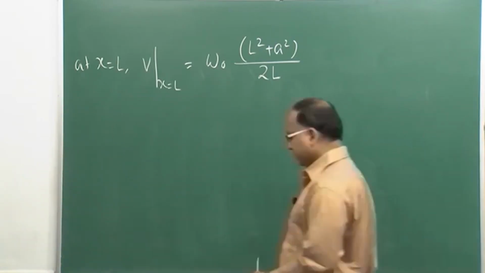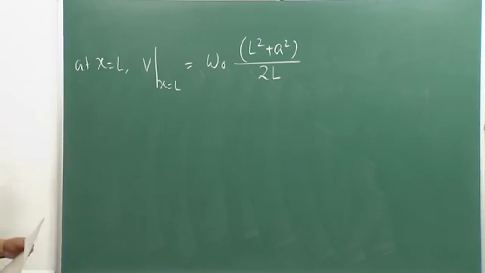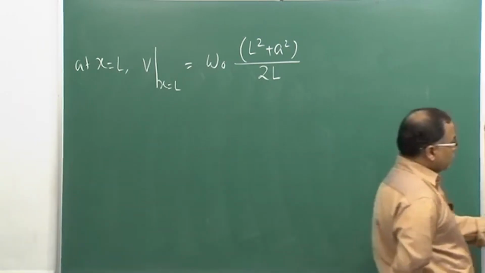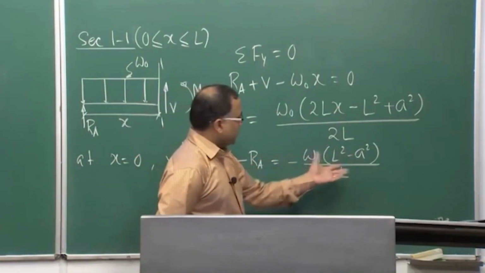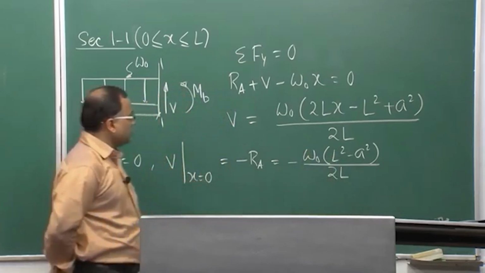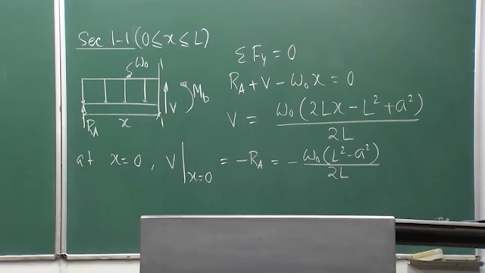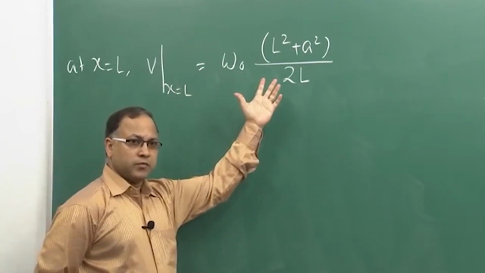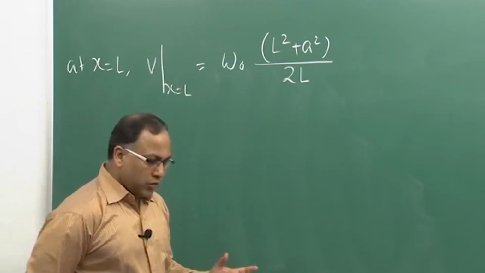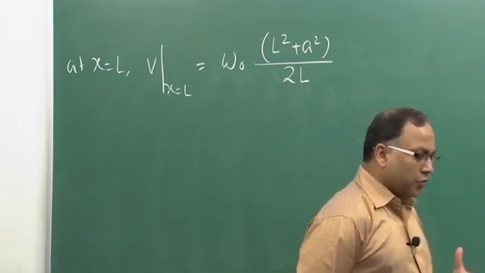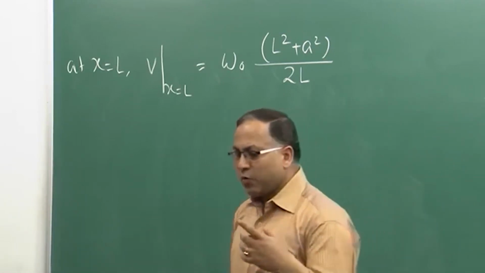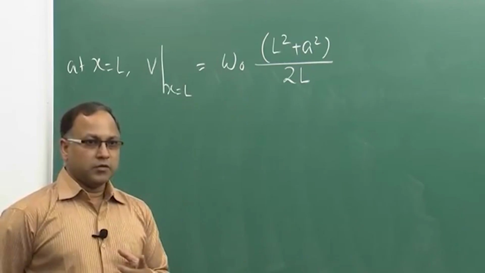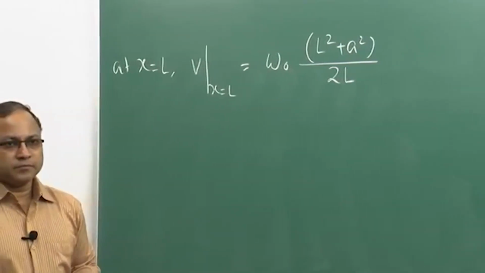If you look at these values, at x equal to 0, V is negative, and at x equal to L, V is a positive value. So the shear force is changing from negative to positive from 0 to L.